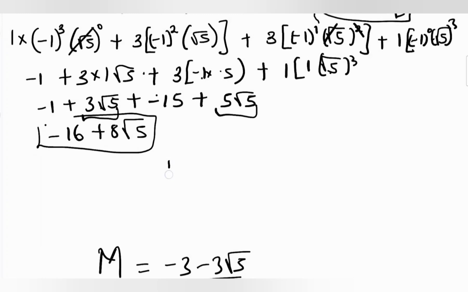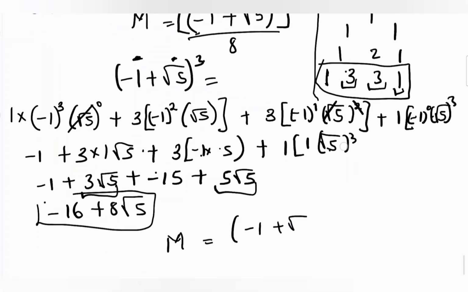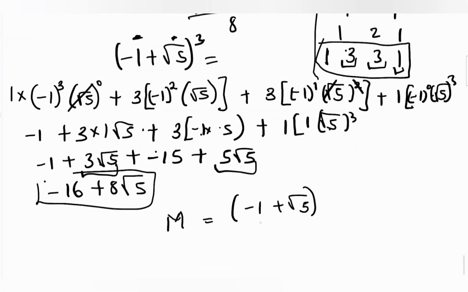But remember, the actual value for m is m = (-1 + √5)^3 over 2^3.